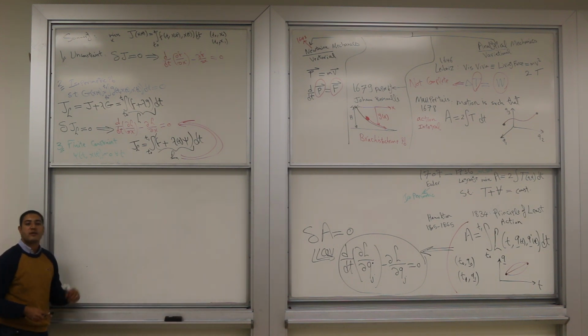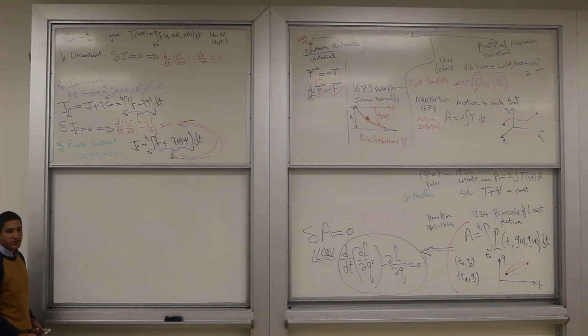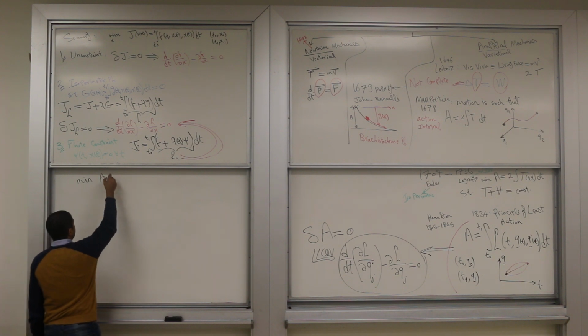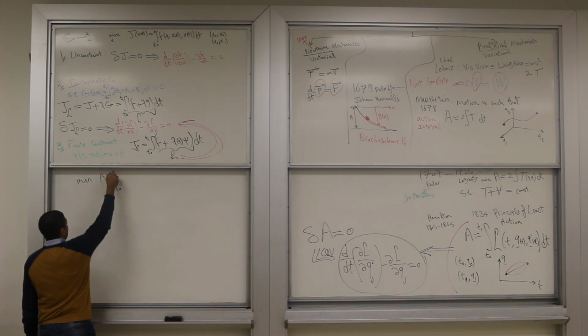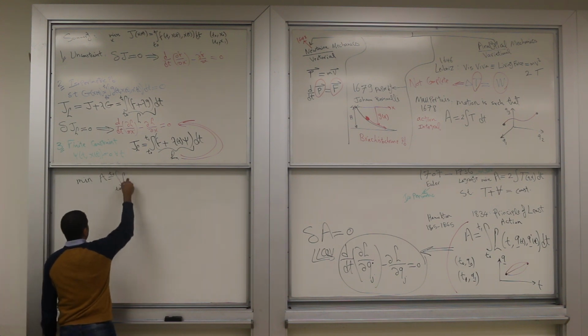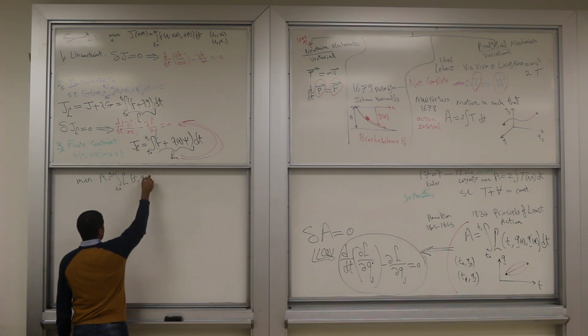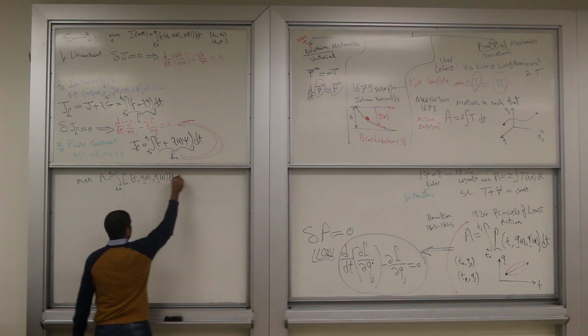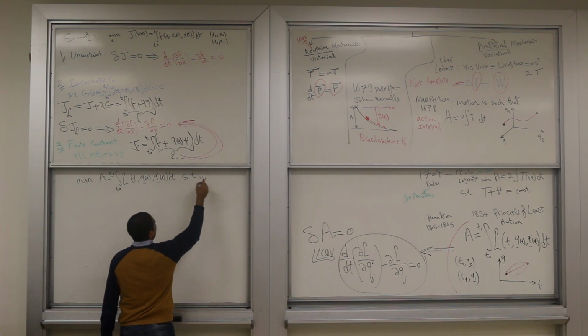We learned the principle of least action, which is equivalent to Lagrange's equation. That's fine. But what if I want to minimize A, the integral from t0 to t1 of our Lagrangian function, but now subject to some holonomic constraint?